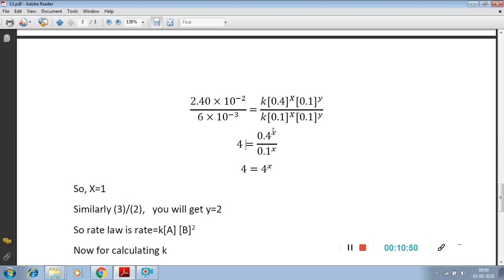Only 0.4 raised to x divided by 0.1 raised to x is there. Now you can see both have the same power, so this division is possible. 0.4 divided by 0.1, that division you will get 4. So from this equation you can say that x is equal to 1.